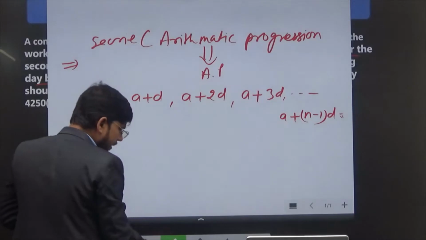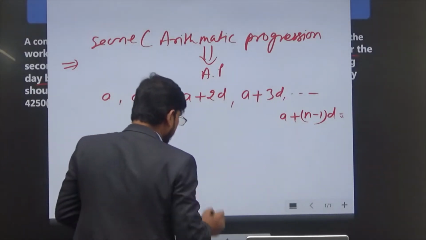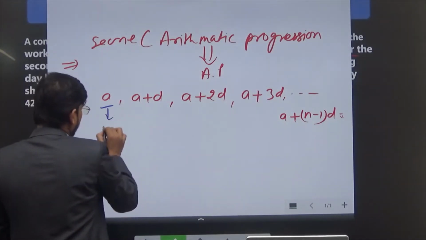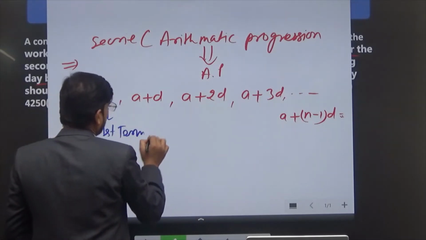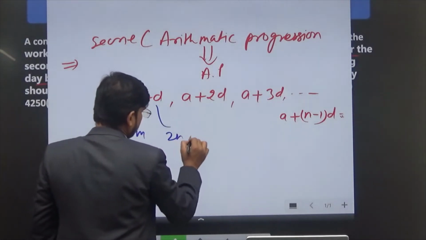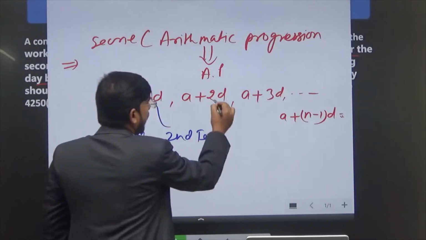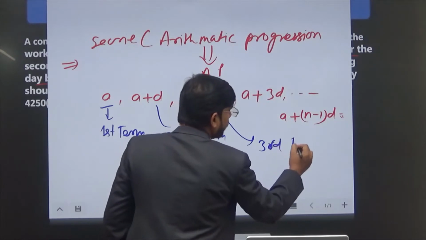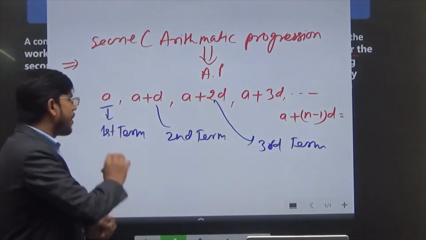What is the condition here? You can see this is the first term, and this is the second term, and this is the third term. Now what is the common difference?